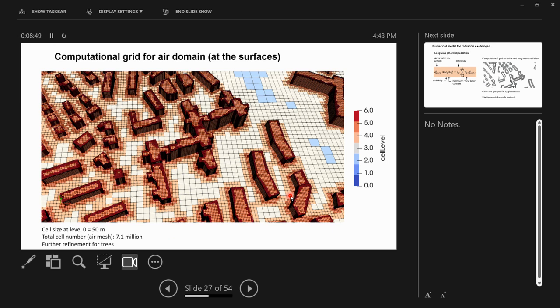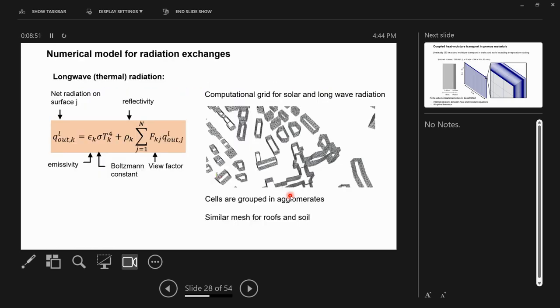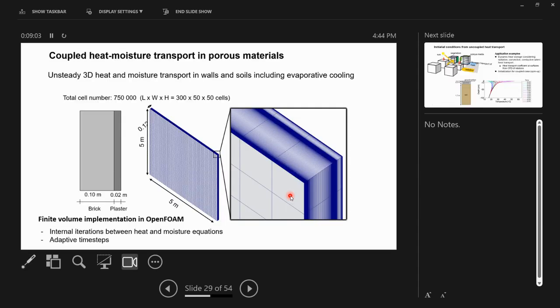We have different meshes for the air domain, for the radiation domain, which most of the time is an agglomeration of different cells from the air domain. The CFD mesh is very fine. It's too fine for the radiation model. And finally, we have a quite fine mesh for the heat and moisture transport.